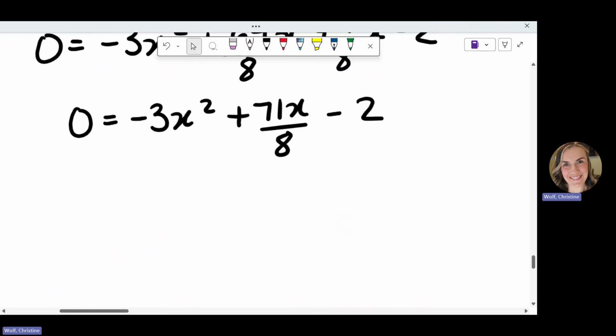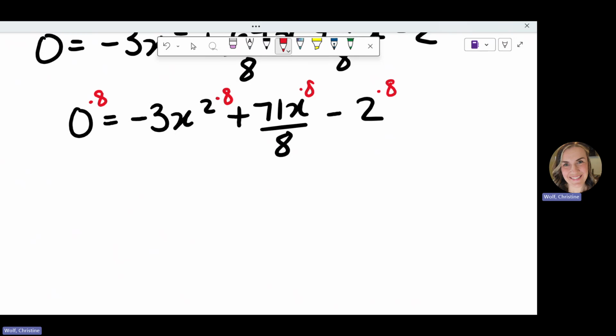I don't know about you, but I really don't want to even try to factor that right now with the fraction. We don't like fractions. So if we can get rid of a fraction, we must to make our life easier. If I go across the equation and multiply everything by 8, I'm being totally fair. I'm multiplying everything on my left by 8, everything on my right by 8.